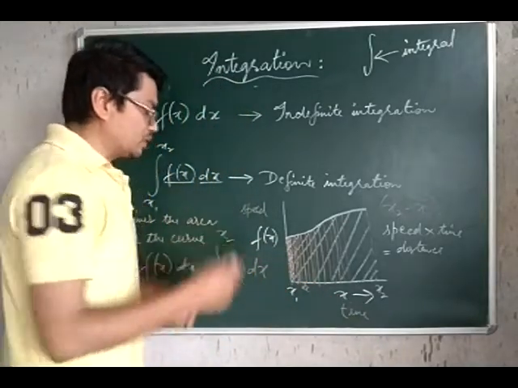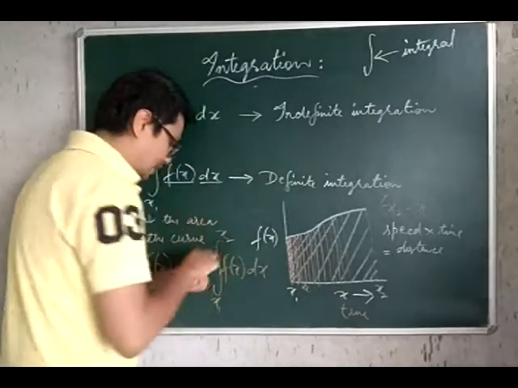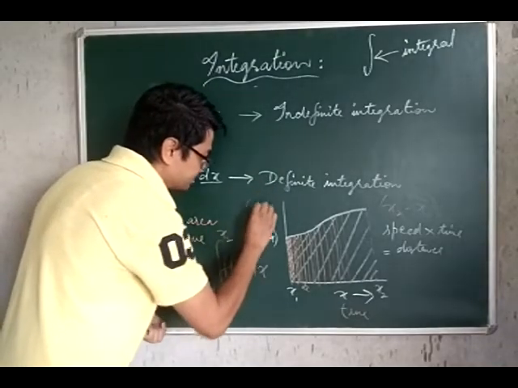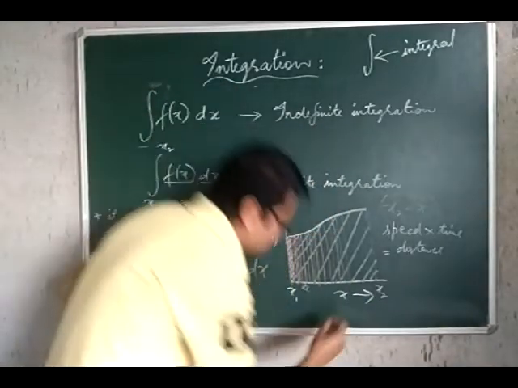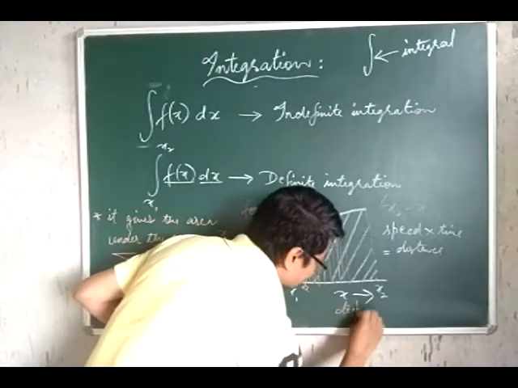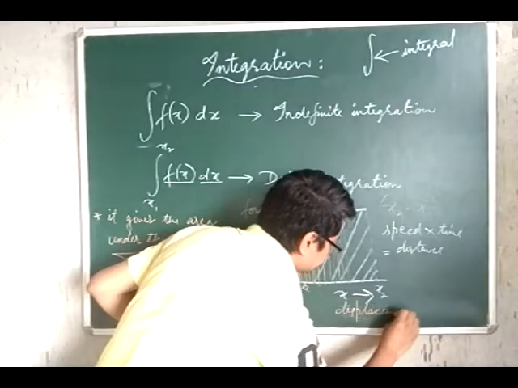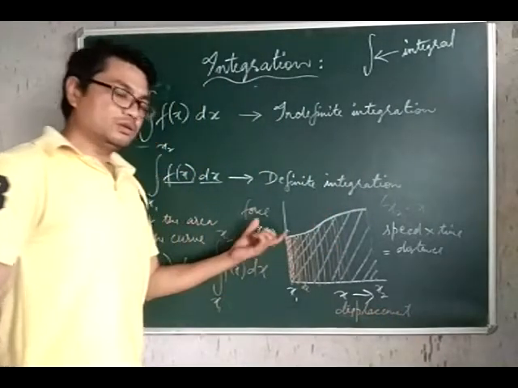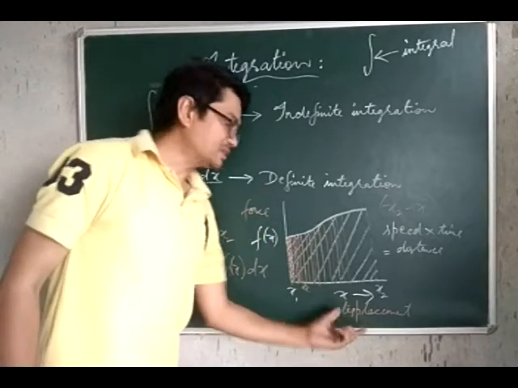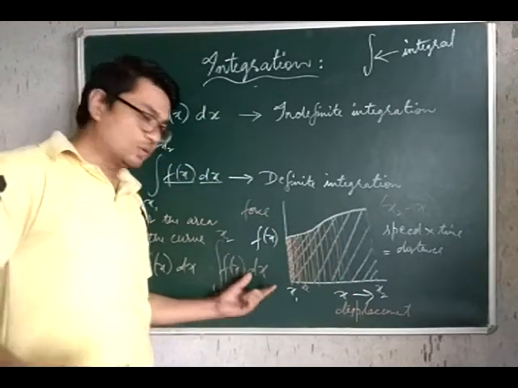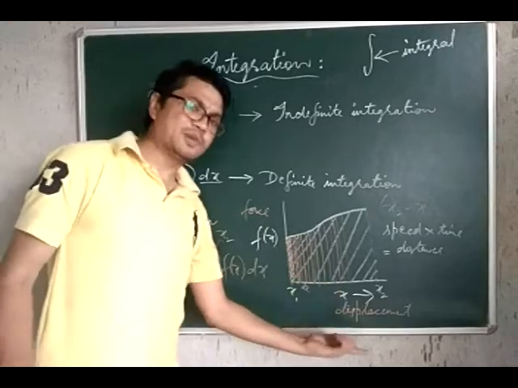Likewise, f of x could be what? f of x could be force. And along the x-axis, you could be plotting displacement. x could be a displacement, so to say. Alright, so force into displacement, f of x into dx, would be what? It is force into displacement basically.